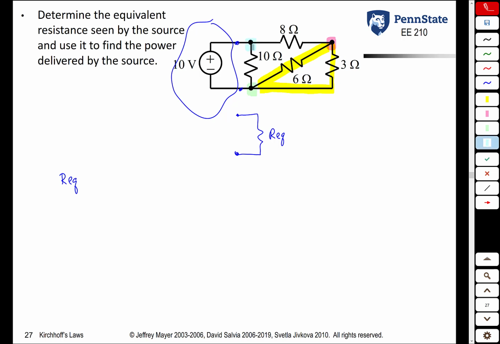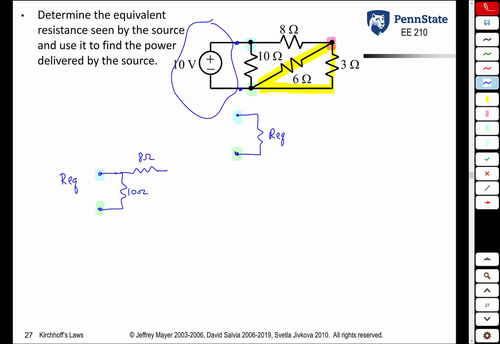So the first thing we would do in finding R equivalent, let's color code every single node. So we have our blue node, we have our green node, we have our pink node. So R equivalent is between the blue node and the green node. Well, we have this 10 ohm resistor here. We have this 8 ohm resistor here.